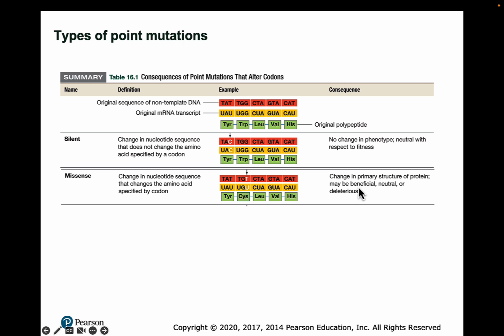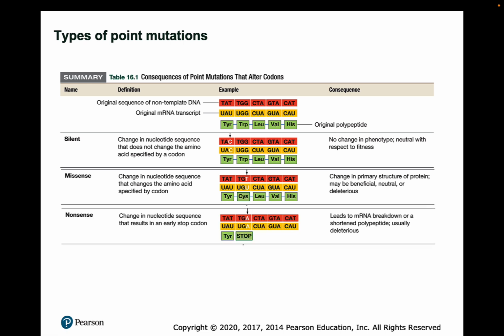This is actually going to change the primary structure of the protein, as well as perhaps the secondary and tertiary structures. It's important to point out that this can be beneficial, but it could also be neutral or deleterious. It really depends on what part of the protein this is in and how it changes the conformation of that protein and its function.